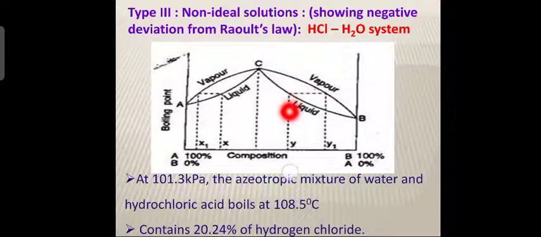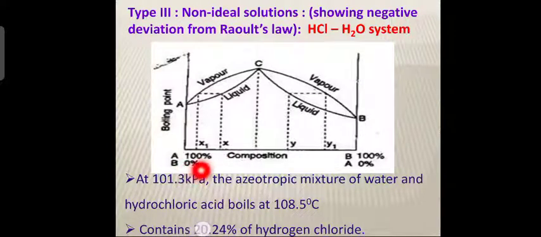Find out the composition, it will be of Y composition. Take Y, boil once again, and finally it will reach the composition corresponding to C. So we can separate either component A or component B in the liquid phase and the other component in the vapor phase. This point corresponds to the azeotropic mixture.